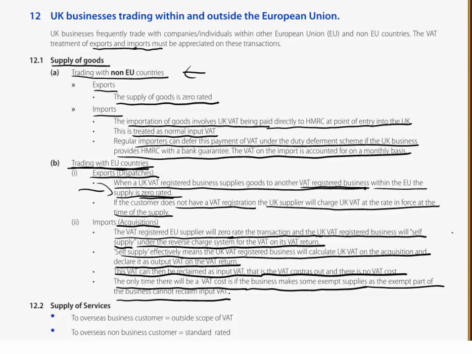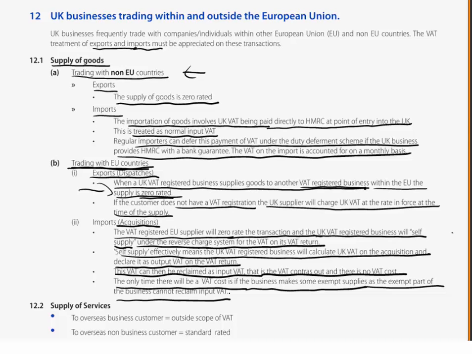I pay £120,000. I've suffered input VAT of 20. But what do I then do with that commodity? I then sell on and make an exempt supply. That means I cannot recover the input tax. So my cost of that purchase is the full £120,000. I do not get back the input VAT.